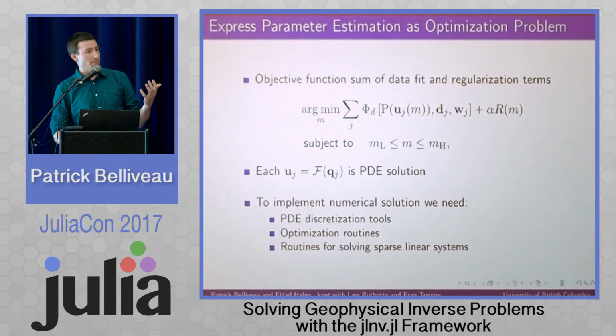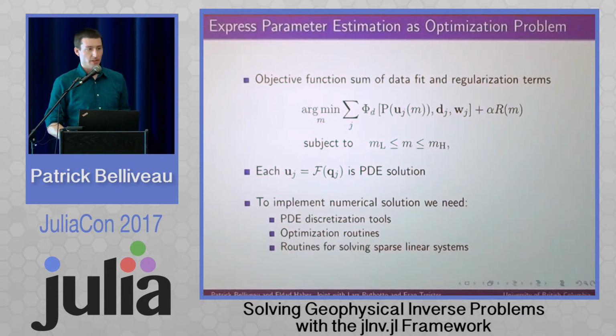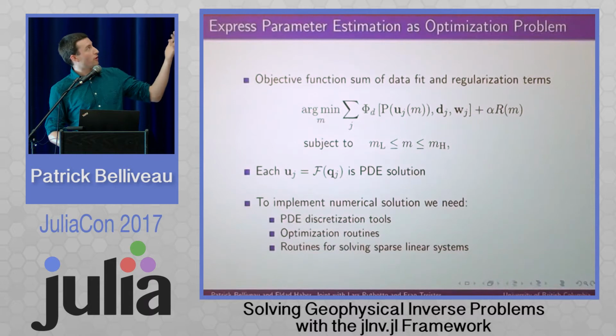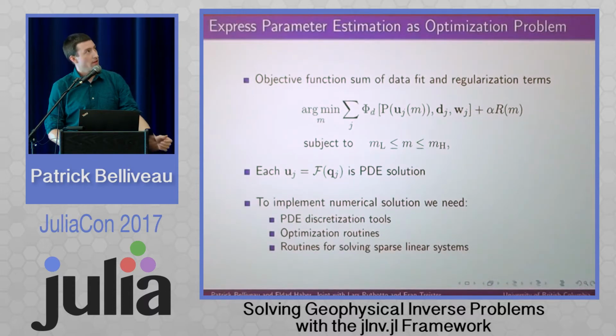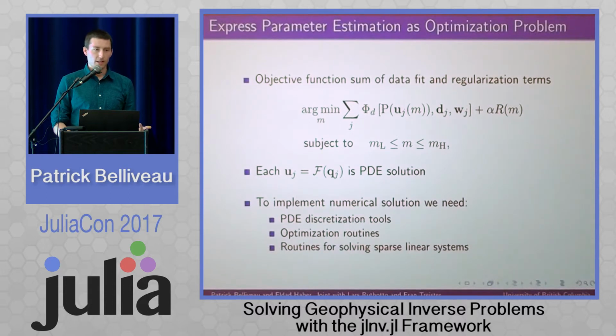Mathematically, we represent that problem as an optimization problem, relatively straightforward in structure, but not so much computationally. We collect our data out in the field, which we call D, and then if we have a guess at our model of, say, the subsurface in the geophysics context, we can generate synthetic data that goes with that model.